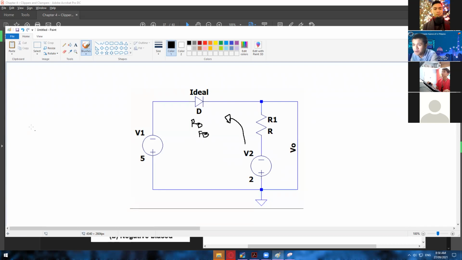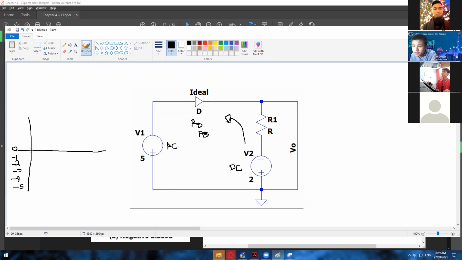So how do we read the value of VO in here? Again, this one is a DC voltage, so this is a constant 2 volts. But this one is an AC voltage. Of course, this will start with -1, then -2, then -3, until it reaches the maximum voltage, which is -5.